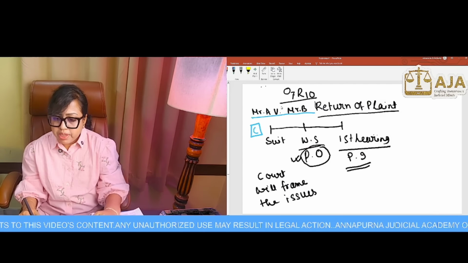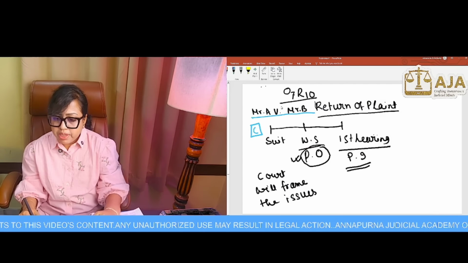And Mr. B, the defendant, filed a written statement raising a preliminary objection because he believes that this court does not have jurisdiction.